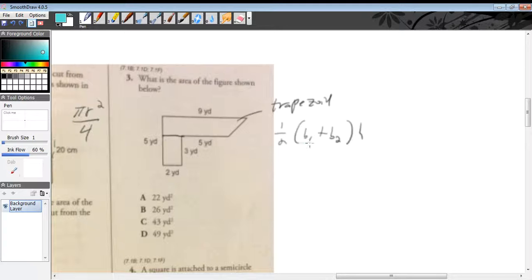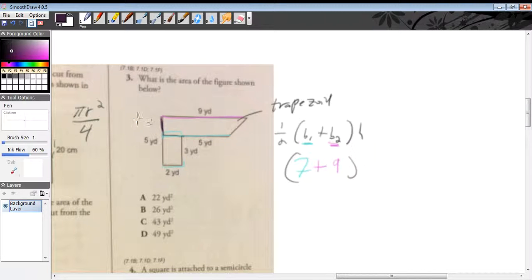Base 1 we can have as this part. That's 5 plus, don't forget this part right here, which is the same thing as this, 2. So this can be 7. Now here's base 2. Base 2 is 9. The last part that we need to figure out is the height, this distance here, which is a little complicated.